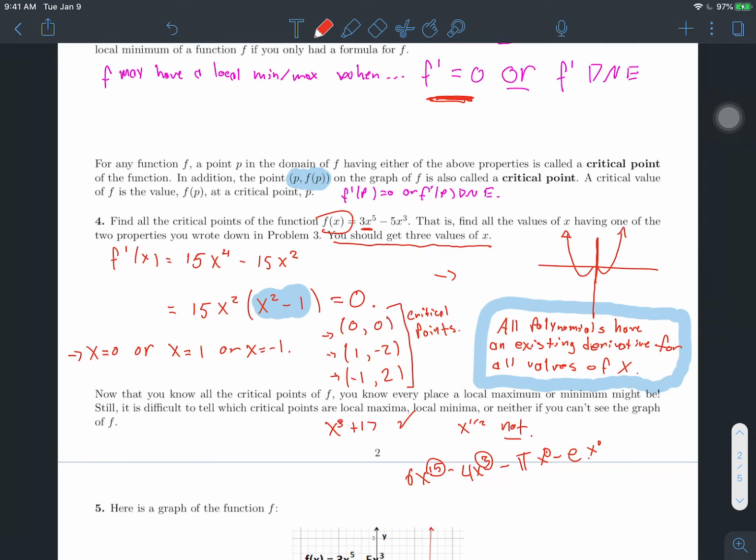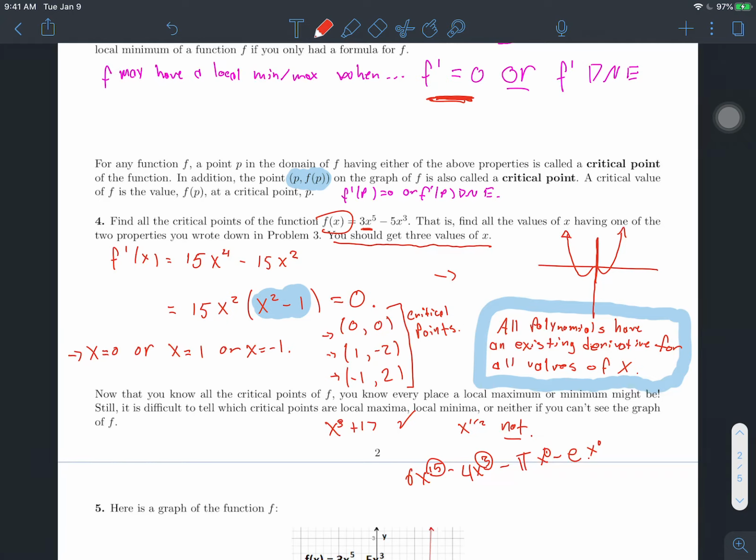Are there any questions about how we found the critical points? Okay, we were fortunate to have a function which is nice and smooth, so we didn't have to worry about the derivative not existing component of critical point finding.